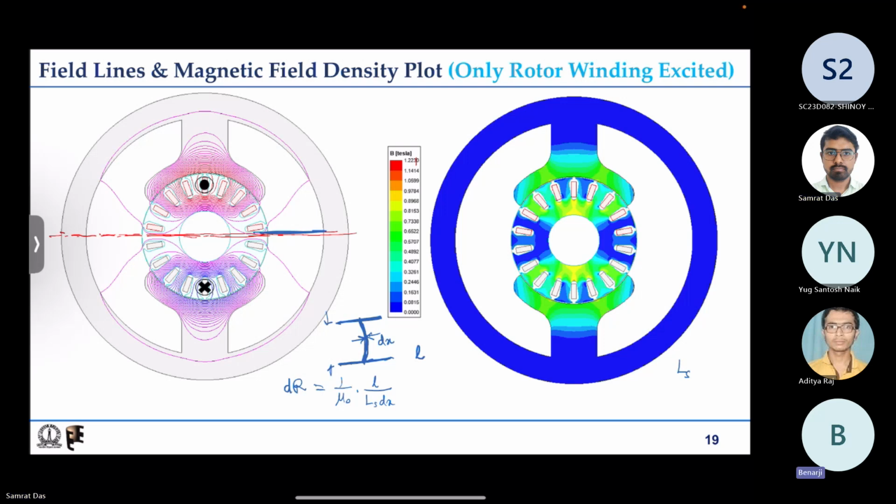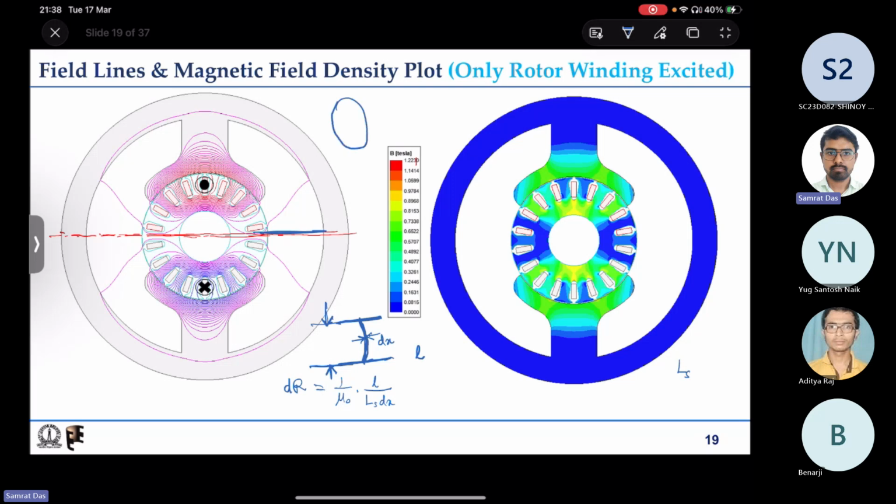Whatever these two surfaces I'm indicating are the two boundaries, say in this case of a machine, so this is the machine, and this is the axial depth, right?